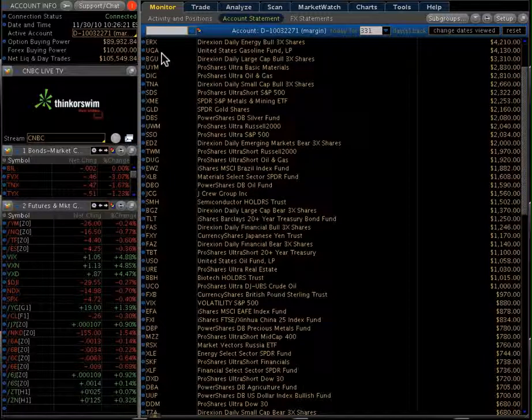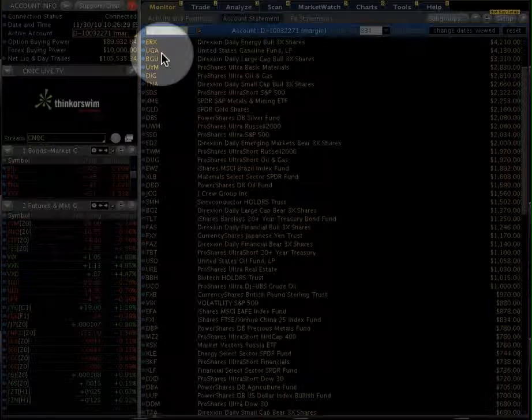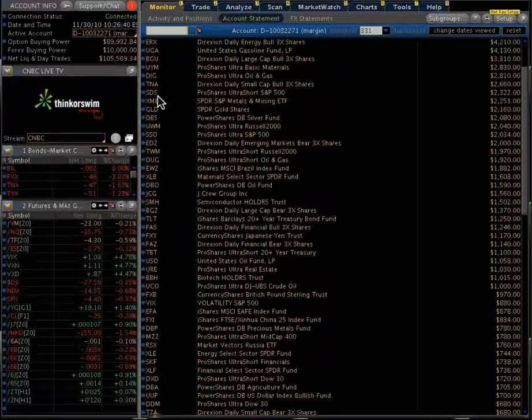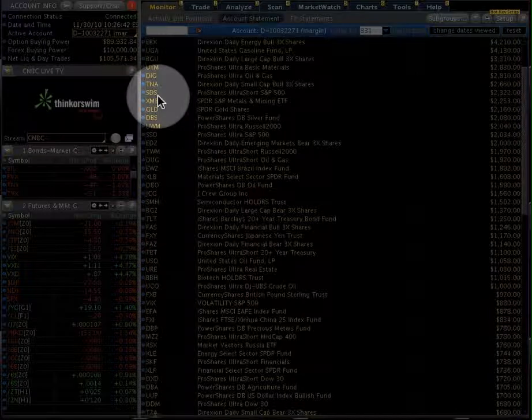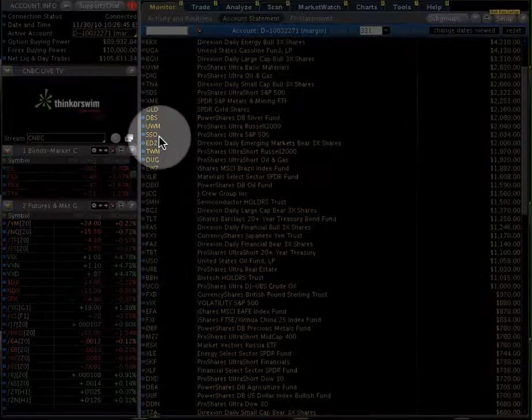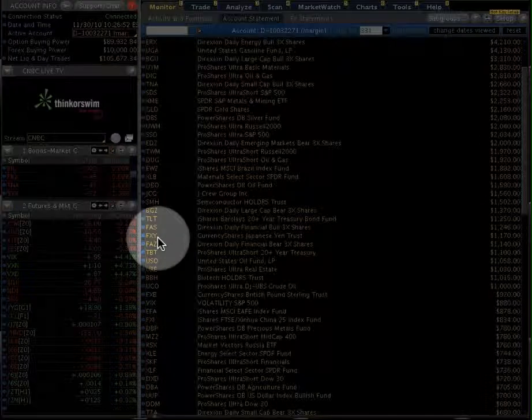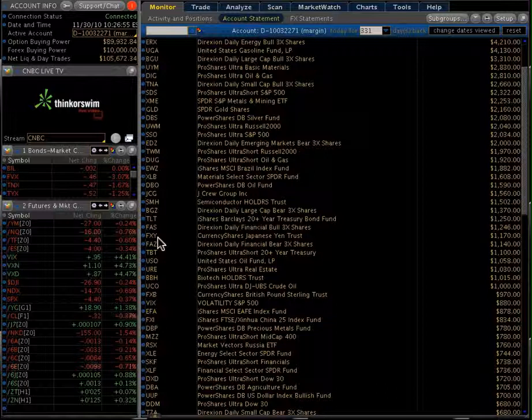This trading account was configured as a multi-asset class portfolio. With the traded products, you see UGA, gasoline, a commodity index, leveraged equity indexes tracking the S&P 500 like the SDS and the SSO, FXY, the Japanese yen currency ETF.